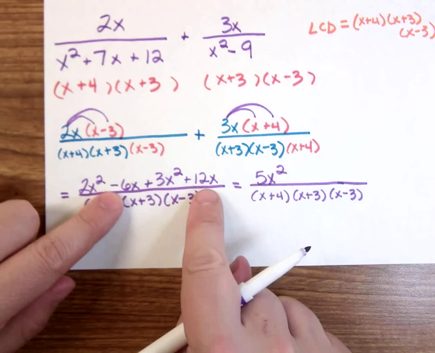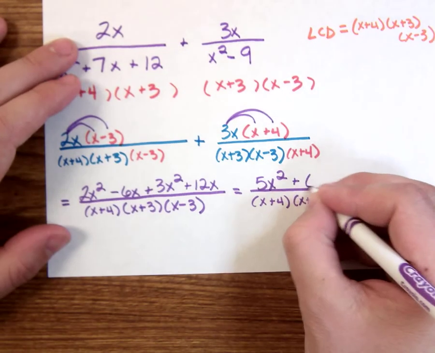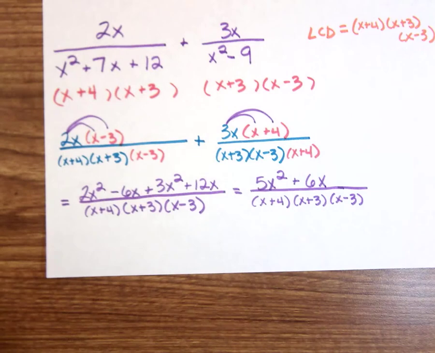And then the minus 6x and the plus 12x gives me plus 6x.